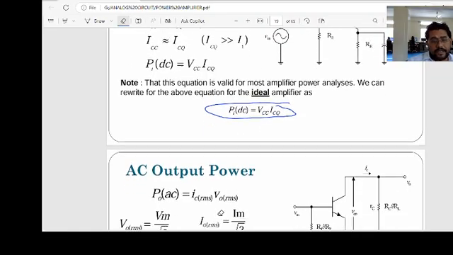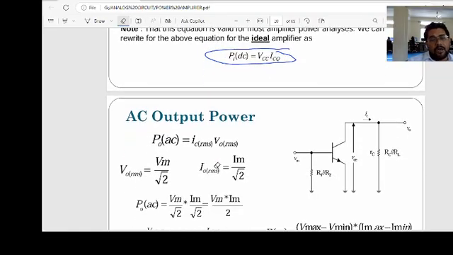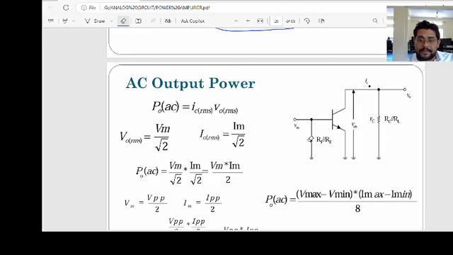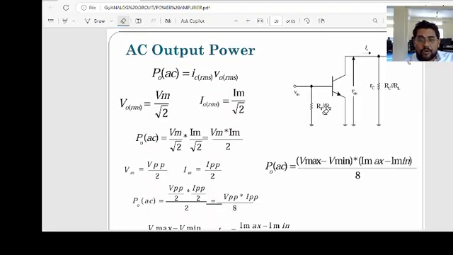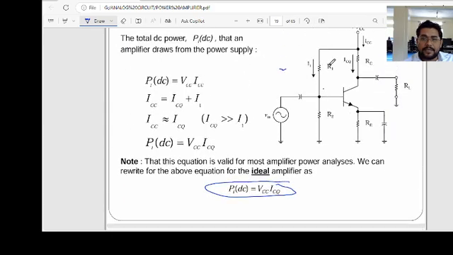We then have the AC power. What is the AC power? The AC power is nothing but output voltage. For AC analysis, this is the equivalent circuit diagram. This is the equivalent R1, R1 parallel using Thevenin.